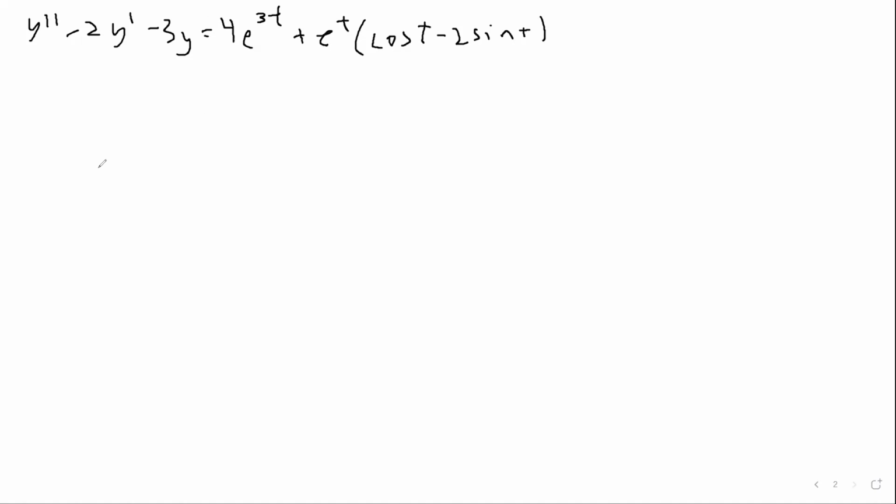In order to come up with some kind of solution which will give us an e to the 3t, we need to introduce something new to e to the 3t that will actually bring an e to the 3t into existence at the end. And the way we do that is by multiplying by t. So we'll talk about that in a little bit.